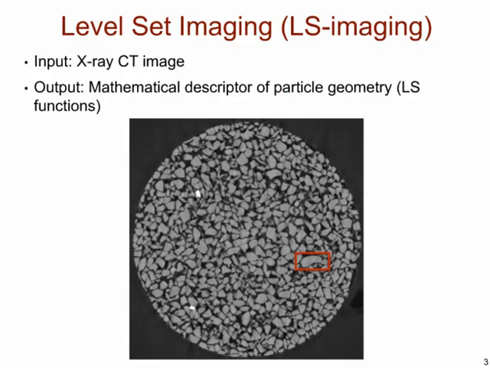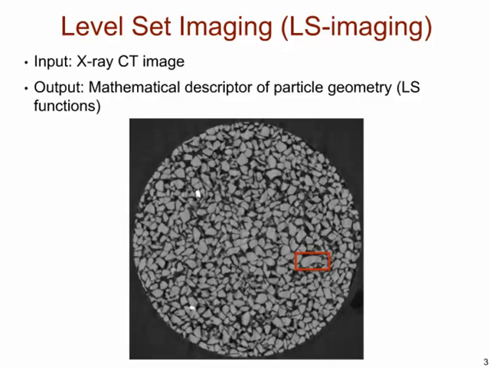So one of the questions that we have attempted to answer here, given the interest there is in imaging now, whether from a picture or from X-ray, is how do you go from a picture to something quantitative that you can then use in a model, and that we call level set imaging.